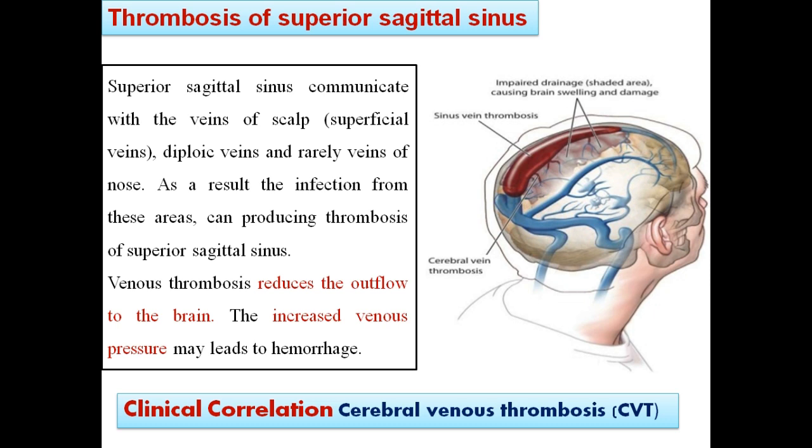Infection of these areas can adversely affect the superior sagittal sinus and form thrombosis or hemorrhage. This will obstruct the blood flow within the brain, leading to reduced outflow from the brain and increased venous pressure. This kind of thrombosis is called cerebral venous thrombosis.